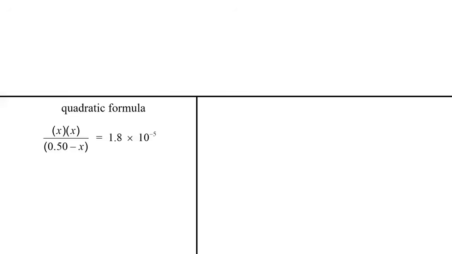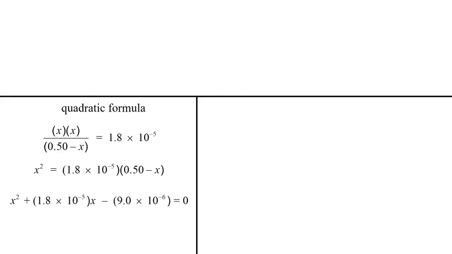The next step to solve for X involves multiplying both sides of the equation by 0.50 minus X. Then I will do the appropriate mathematical manipulations to get a quadratic equation. So right now I have X squared plus 1.8 times 10 to the negative 5 x minus 9.0 times 10 to the negative 6 equals 0.